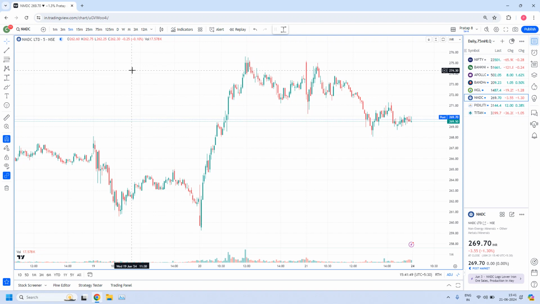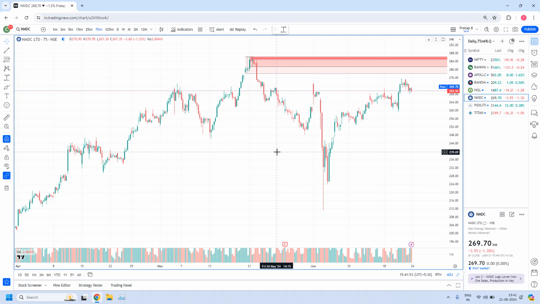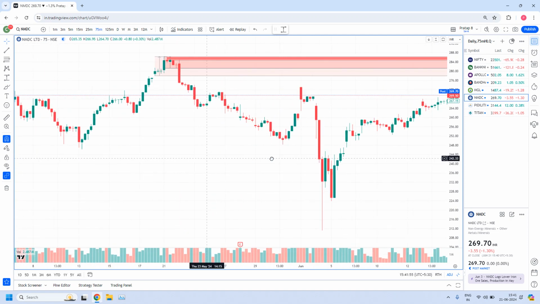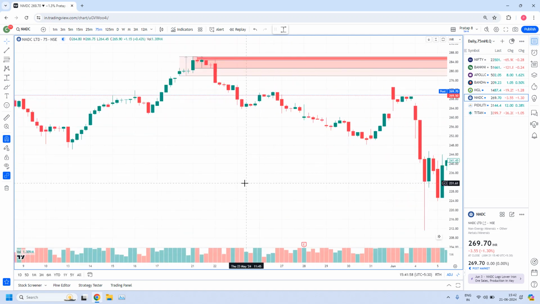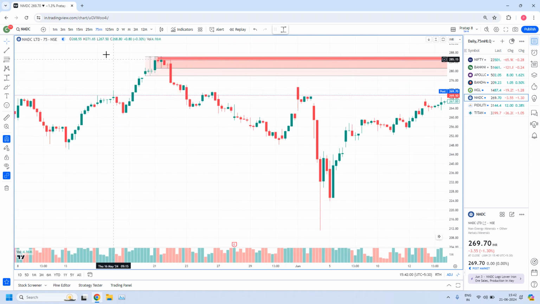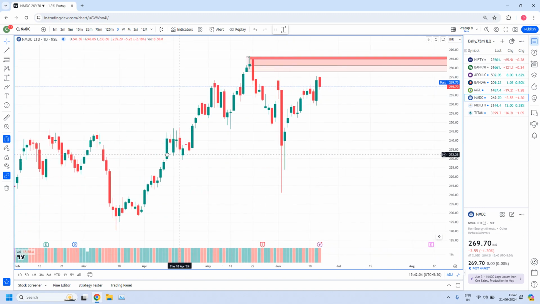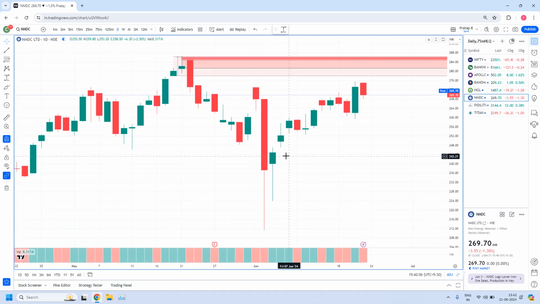In NMDC, this is a 75 minute zone. Sorry, this is also a daily zone. You have a rally, 2 base candles, and a drop candle. Rally, base, drop.